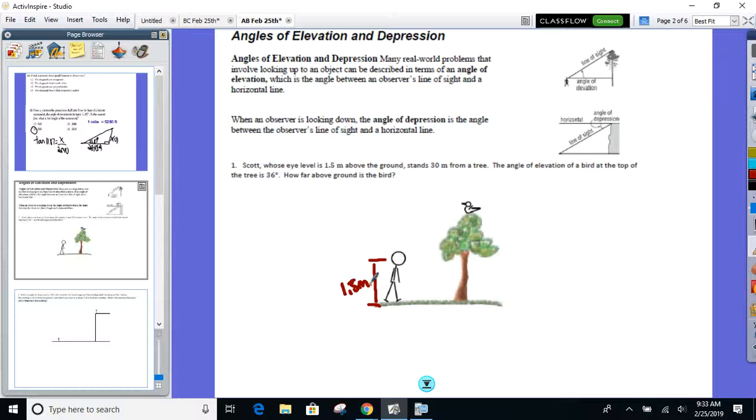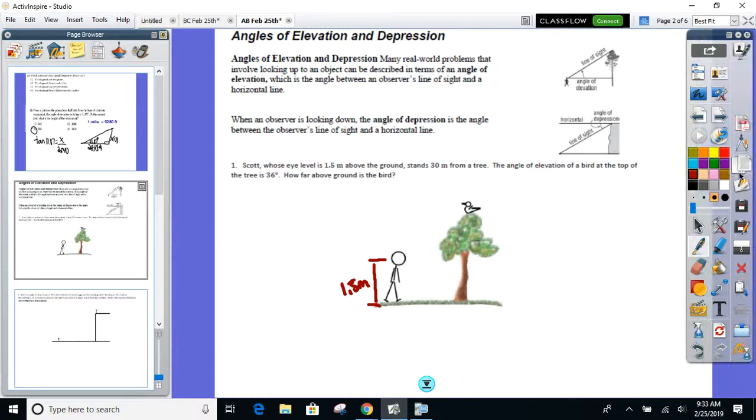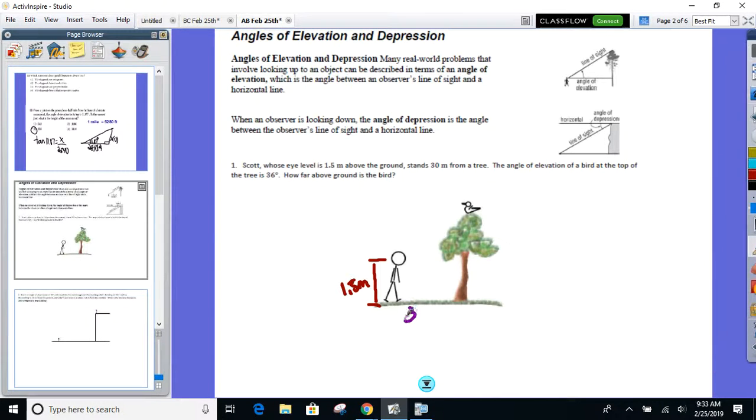And he's standing 30 meters from the tree. Can you put 30 meters somewhere on your diagram? He's 30 meters from the tree. So hopefully you put it between him and the tree.